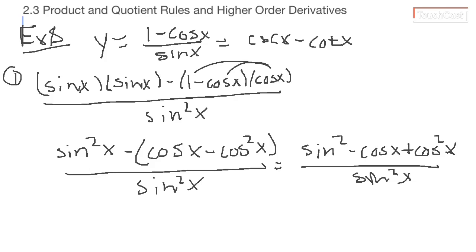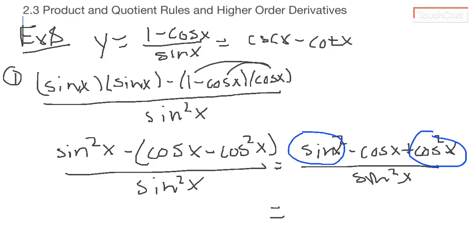A while ago we talked about different trig identities, and I gave you a sheet with different trig identities. When we have sine squared plus cosine squared, that is equal to 1.